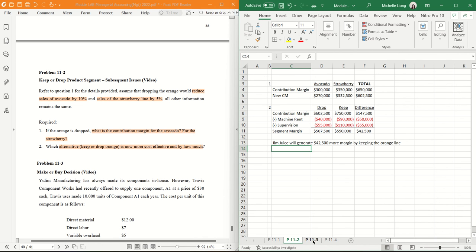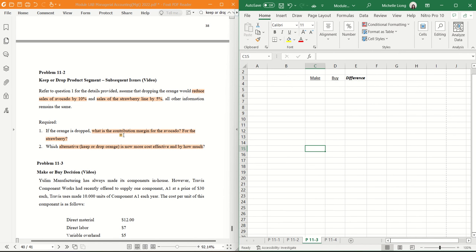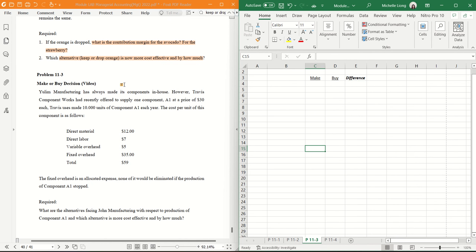It's easy, right? And then go to problem 3. Yulin Manufacturing has always made its components in-house, however, Travis Component Works had recently offered to supply one component, A1, at a price of $30 each.